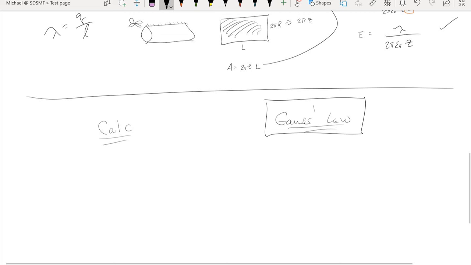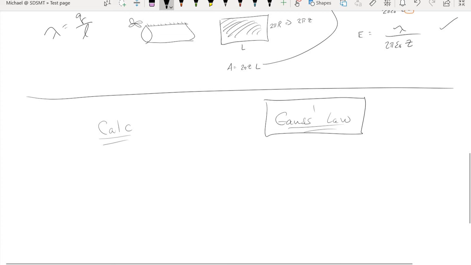The only time Gauss's law doesn't work out that well is if we find ourselves with an asymmetric system of charge. Gauss's law really takes advantage of that idea of symmetry and really helps us out.